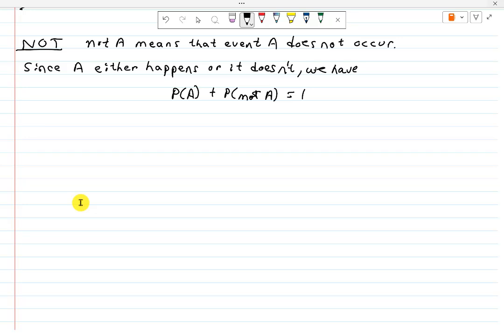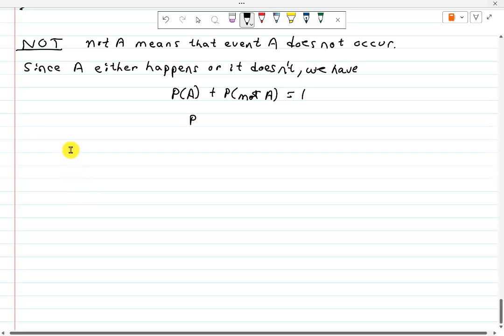So if I want a formula for the probability of not A, I'll just simply subtract the probability of A off of both sides, and we'll get the probability of not A equals 1 minus the probability of A.